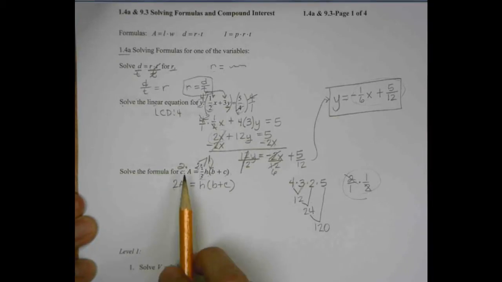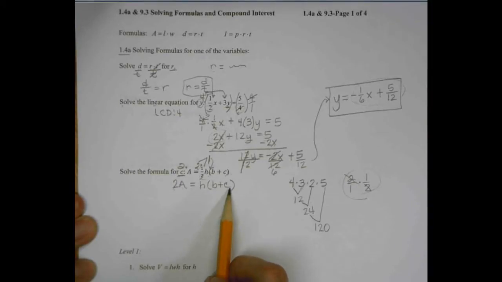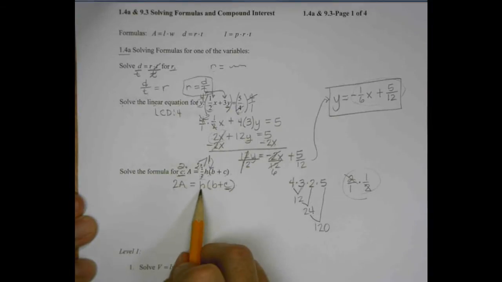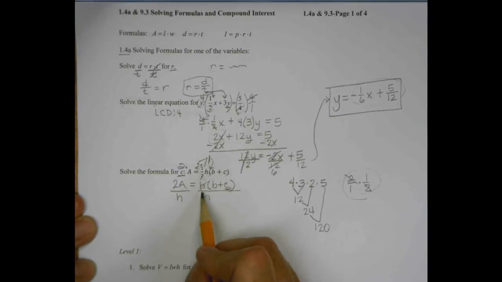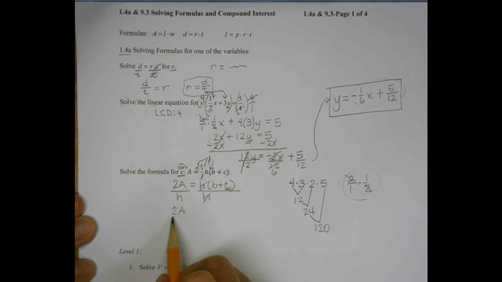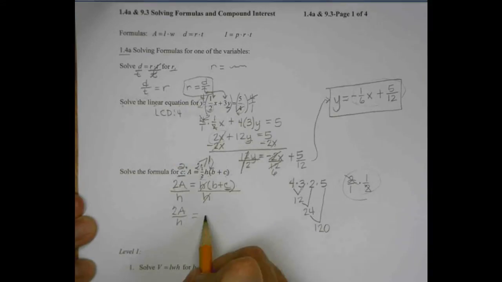Now I still want to get, I'm looking for c, so I want to get this one free of this quantity. So I'm thinking again about this h. It's being multiplied by that quantity. So I want to go ahead and do the opposite, which is divide both sides by h. My h's reduce, and I have 2a over h equals b plus c. Now I still want this c by itself, and since I'm adding here and the b is positive, I will go ahead and subtract b from both sides.